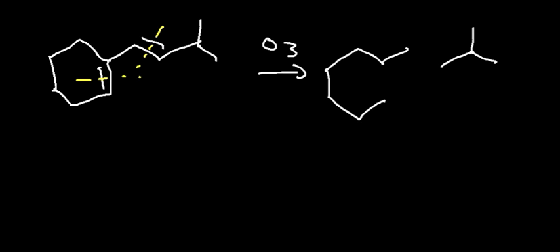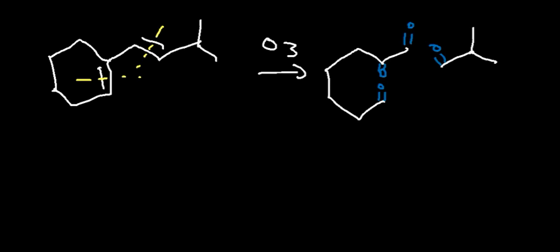And then add a carbonyl oxygen to each location where it was disconnected. So for every double bond that breaks, you're going to add 2 oxygen atoms in its place. And so we get 2 products.